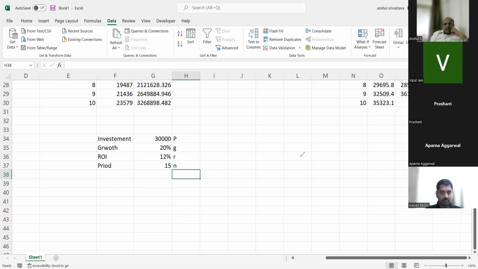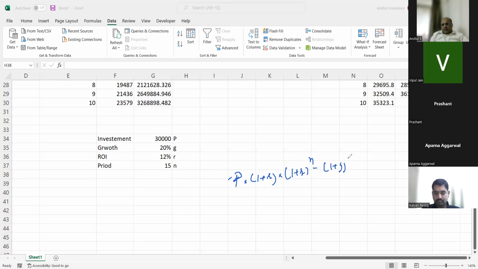The formula was P into 1 plus R, calculated in begin mode this time. P into 1 plus R into 1 plus R to the power n minus 1 plus G to the power n, divided by R minus G.